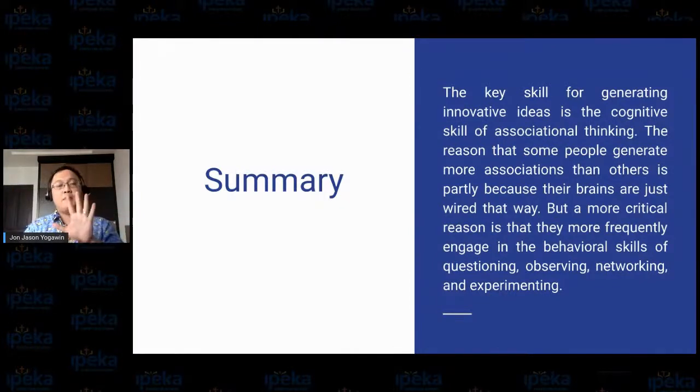So from all those 5 skills, association is the one that puts everything together. And you get to associate because of the four skills. So the exposure to the four skills of questioning, observing, networking, and experimenting allow you to associate. And once you do all of those, you get to become more innovative or more creative.